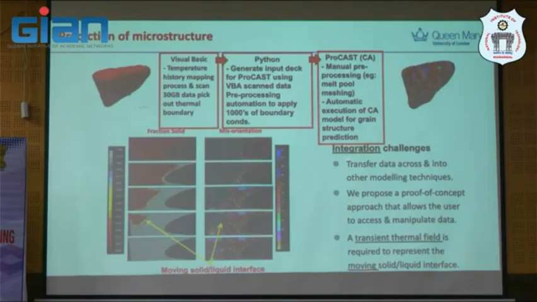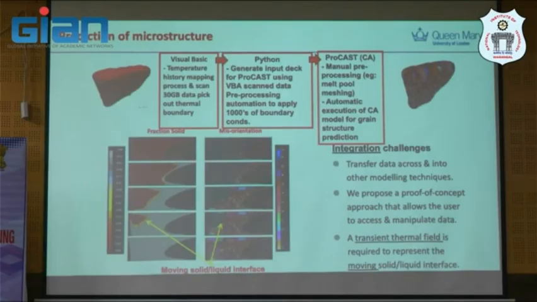So we integrate this challenge by transfer across the length scale. So I hope you appreciate the complexity of the model, and in order to make it automated, it requires a lot of work, not just a material scientist. I appreciate my colleague who does a lot of programming that makes this work happen. And then we propose a proof of concept approach that allows users to access and manipulate the data.